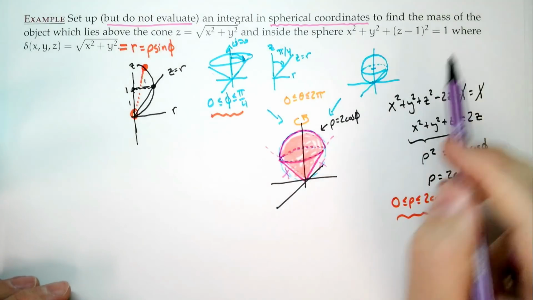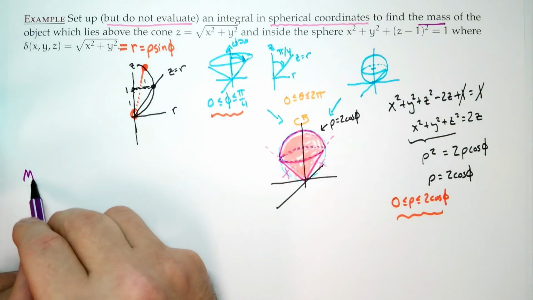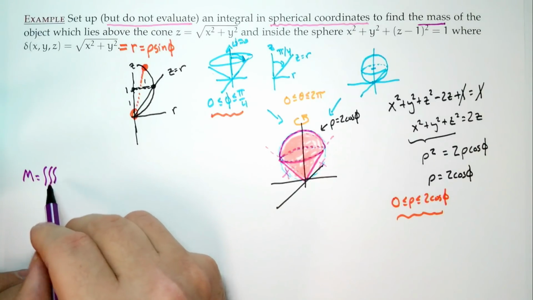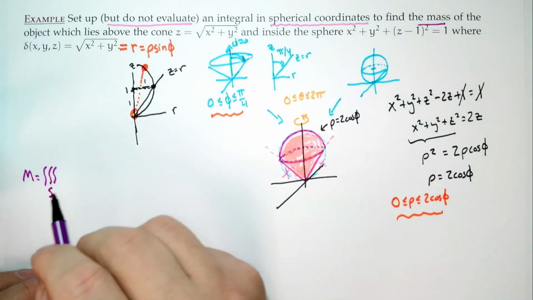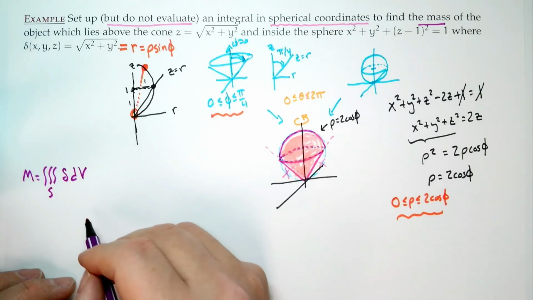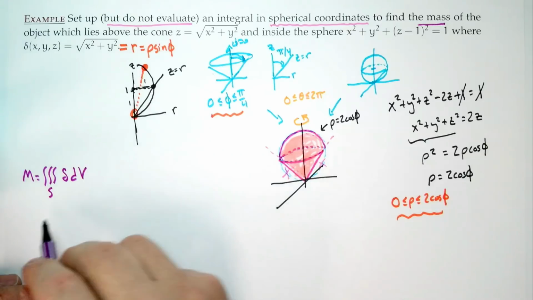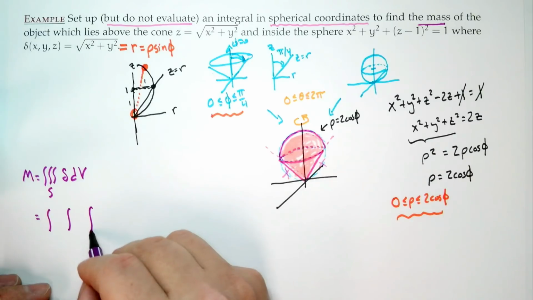So we're after the mass. The mass will be the integral over our solid, and it doesn't have a name, so we'll just call it S for solid, of our density, dV, our basic formula. So that's going to become integral, integral, integral.